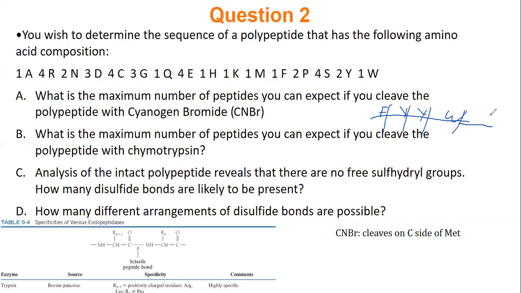Unless one of those residues are at the very end, then there's nothing to cleave after. So you're going to have either 4 or 5 pieces when you do this. So you cleave right after it.